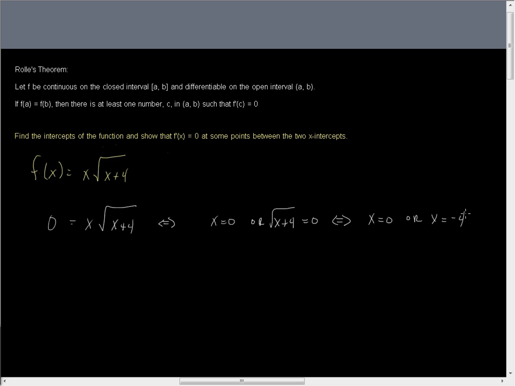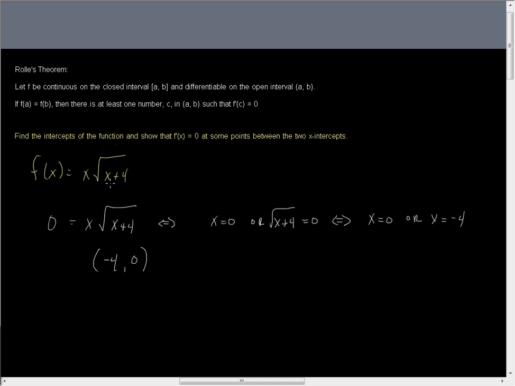If you solve the square root of x plus 4 equal to 0, then you get x equals -4. All right, so there's our two endpoints. And so we're considering the open interval -4 to 0. The other one that we're considering is also that closed interval, because it is defined at the endpoints.